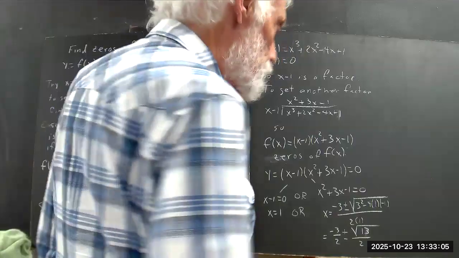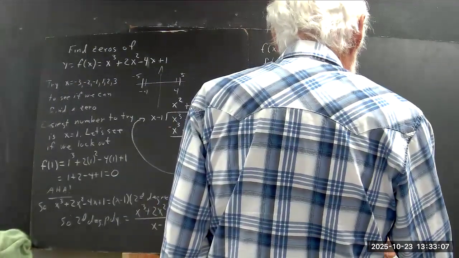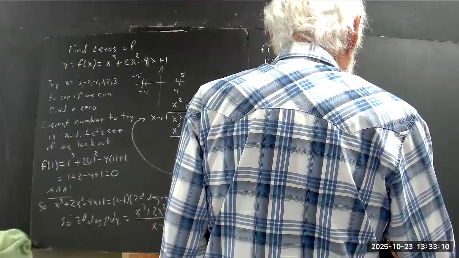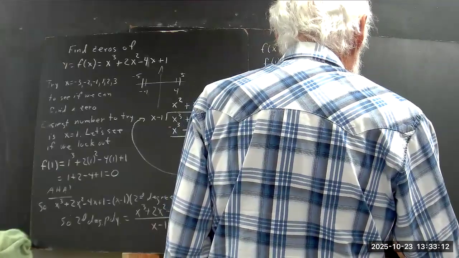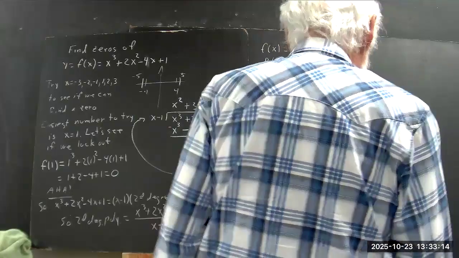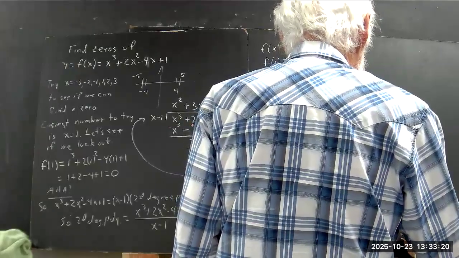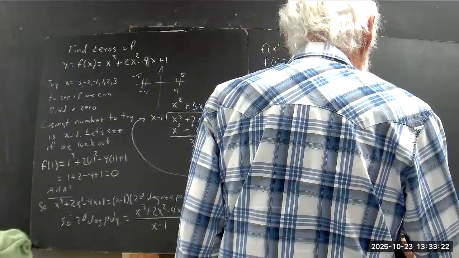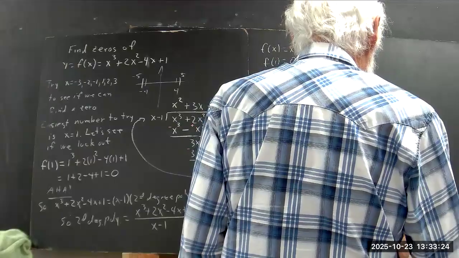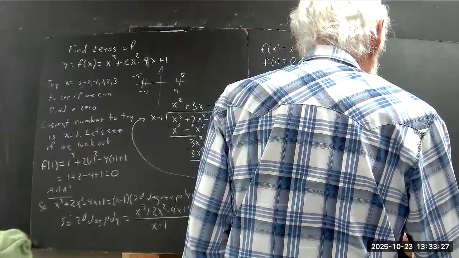Okay. And that's going to be approximately equal to -3/2 plus or minus the square root of 13, which is about 3.7.